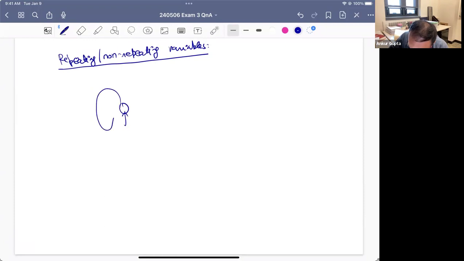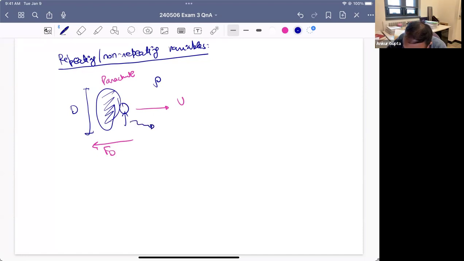So I have a parachute where we have a diameter D of the parachute. I'm moving with a velocity u. The parachute and the person are moving with the velocity u. There is a drag force Fd. The density outside is rho. And just to make things a bit interesting, let's also say that there is an area A of the person.